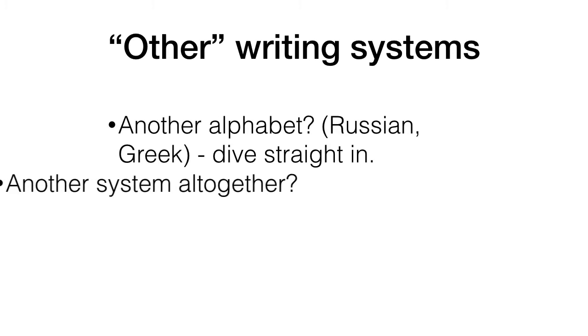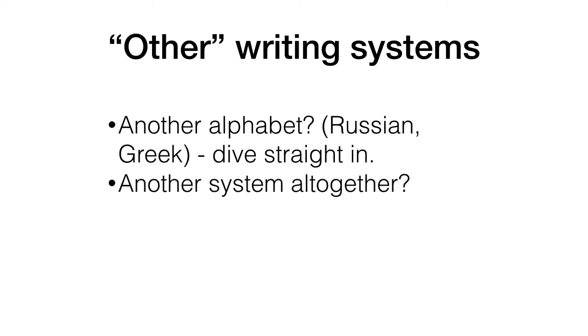However, what if the system is different altogether? Now, it could be that it's a script which just gives you the consonants, as in Arabic or Hebrew. Each symbol could be a consonant and a vowel, as in the Devanagari script used for many Indian languages, or Amharic in Ethiopia.